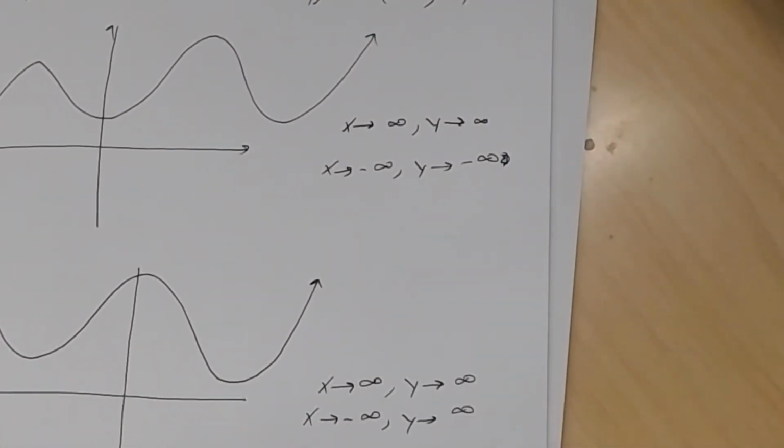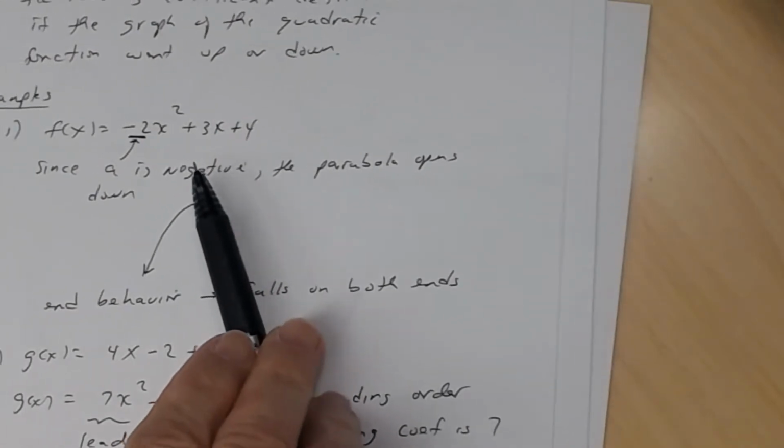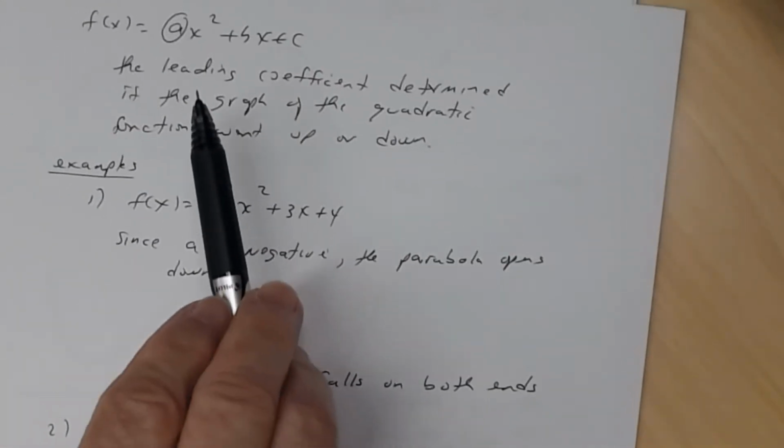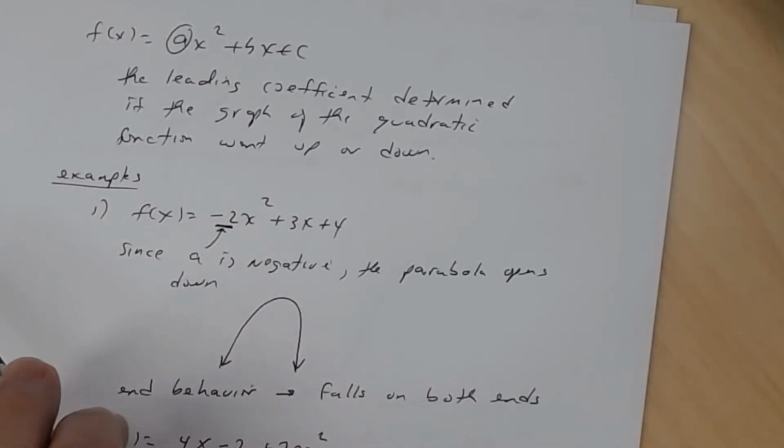If I go back to the quadratic functions we drew earlier, this right here. All right, so the leading coefficient determines the end behavior. Remember that? The leading coefficient determines the end behavior.